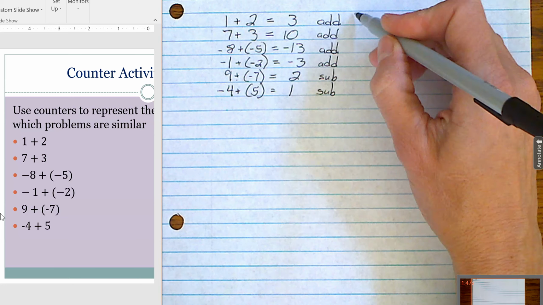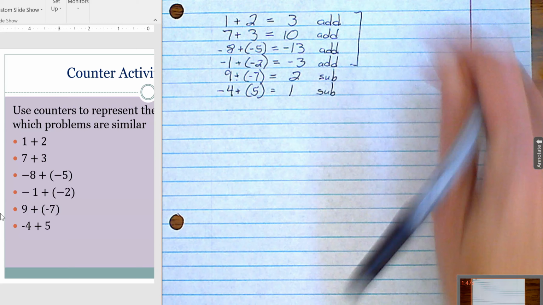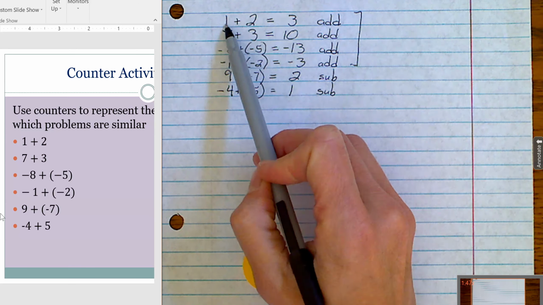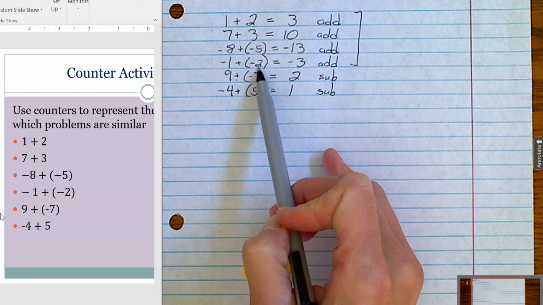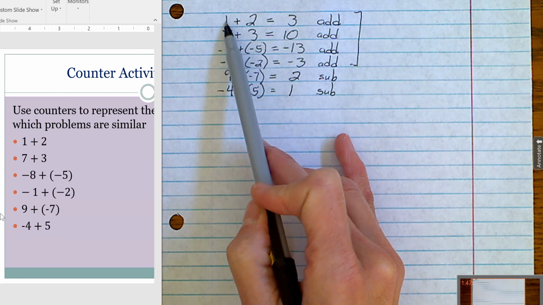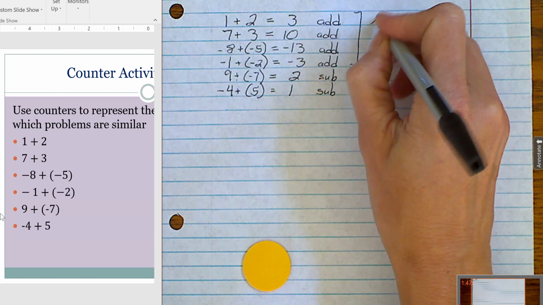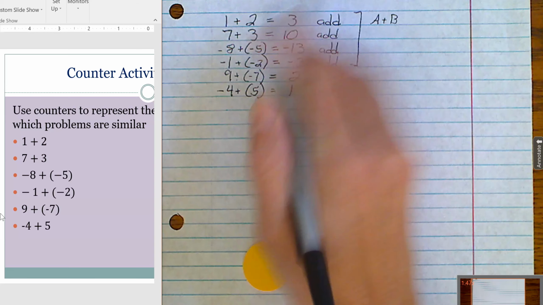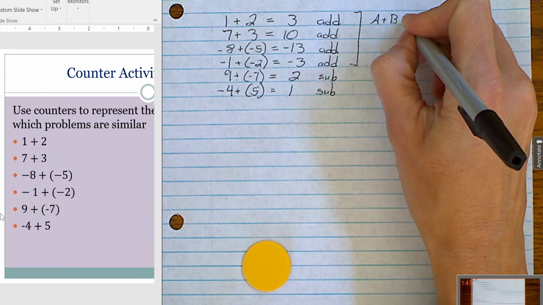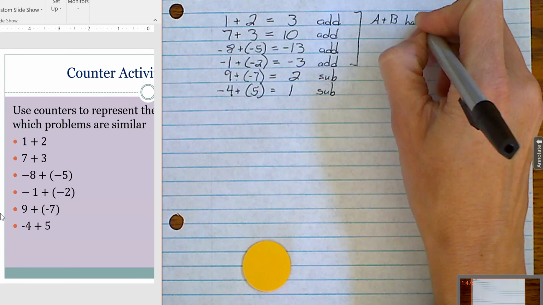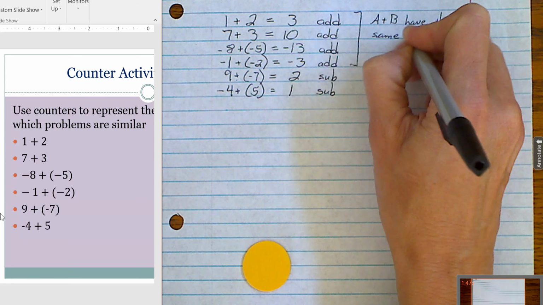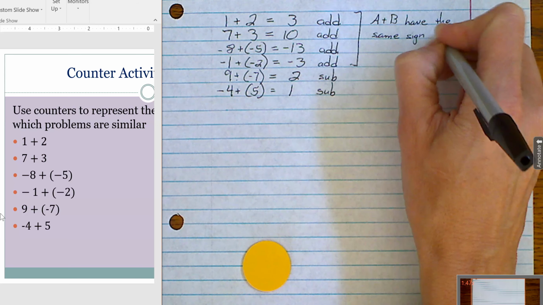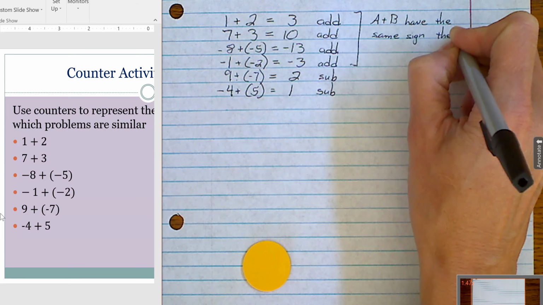Let's take a look at the first 4 problems. In these first 4 problems, we had either 2 positives or 2 negatives being added together. So when the numbers, which I will call A and B, have the same sign, then we would add the values together.